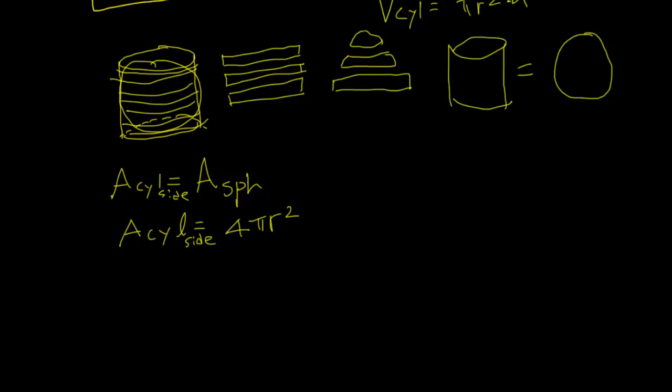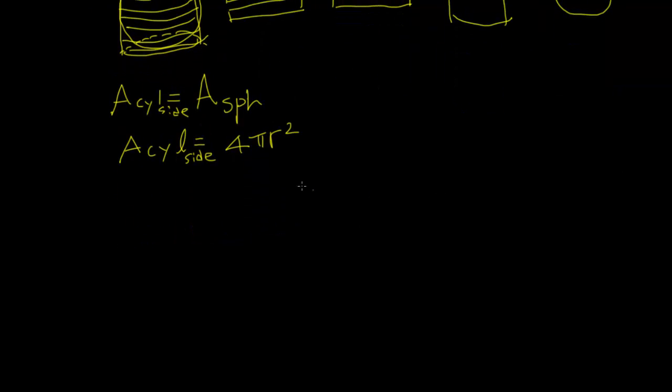Now let's try to find the volume of a sphere. The way we approach how to derive the equation for the volume of a sphere is to look at the sphere once again that's enclosed by a cylinder, like so.